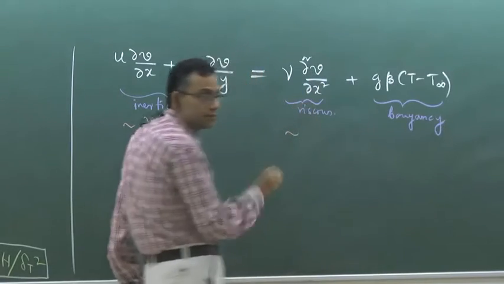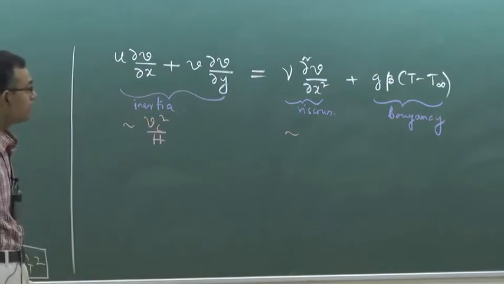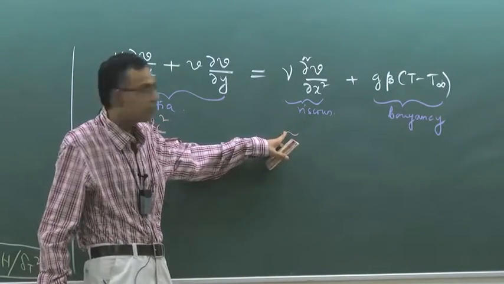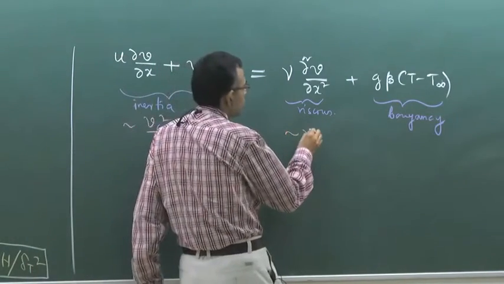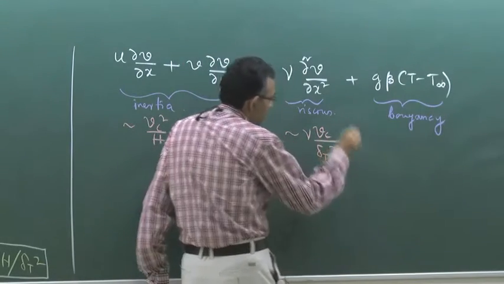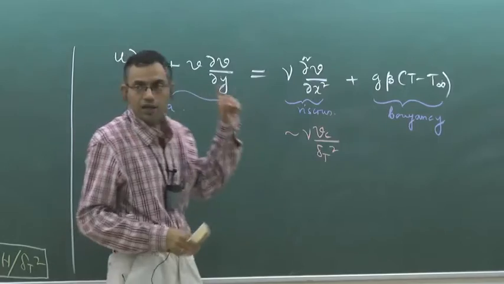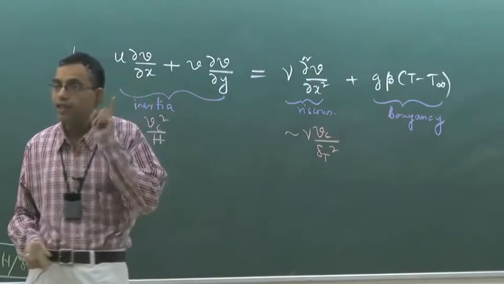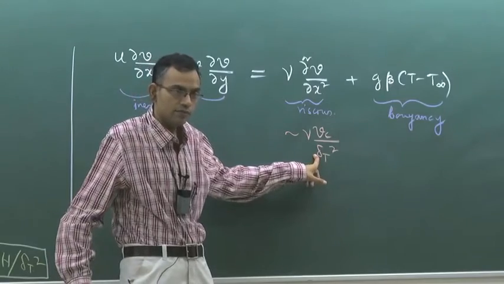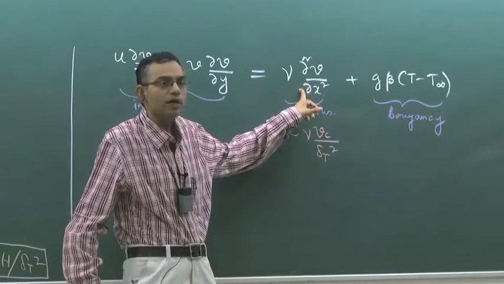This, what is the order of magnitude of this? Nu, this is a very important thing. See, we are making our analysis within the thermal boundary layer. So, it is delta T and not delta, although this is momentum equation.